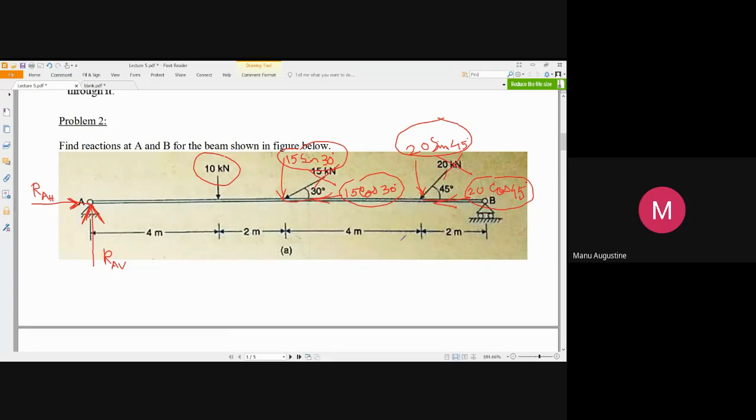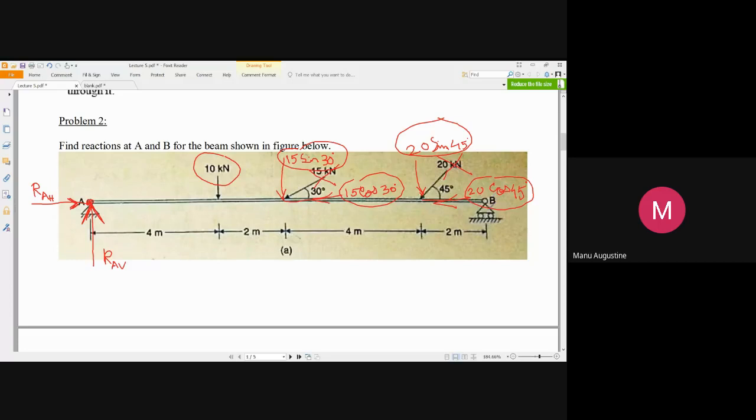I mean, the equations of equilibrium will auto-correct itself. And if you have mistakenly or unknowingly chosen the wrong direction, the equations of equilibrium will auto-correct you and put your direction on the right side. We will see how it happens. But for now, let us say that these are the reactions developed at point A.